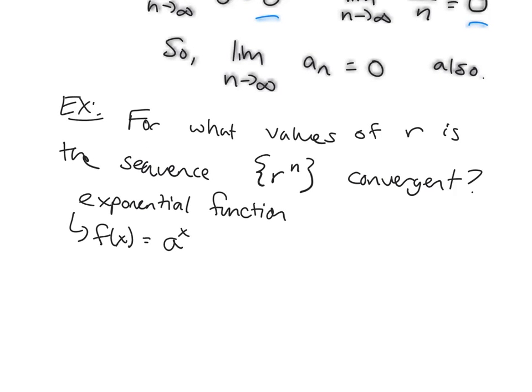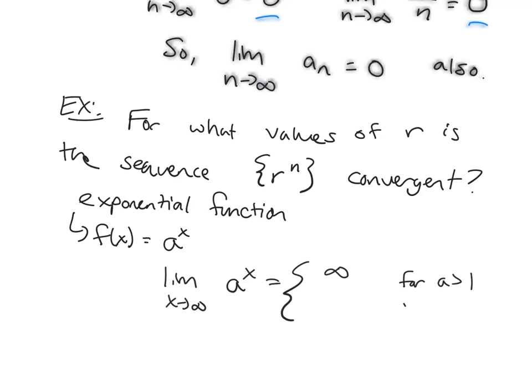If I take the limit as x goes to infinity of a to the x, it depends on the value of a. If a is greater than 1, you're going to get infinity for that limit.